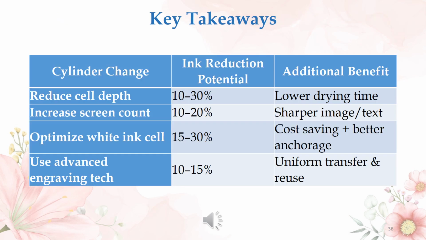Key takeaways. By reducing cell depth of the cylinder, you can save 10 to 30% ink. Lower drying time is the added benefit. By increasing screen count, that is LPI, you can save 10 to 20% ink. Sharp image and text is the added benefit.